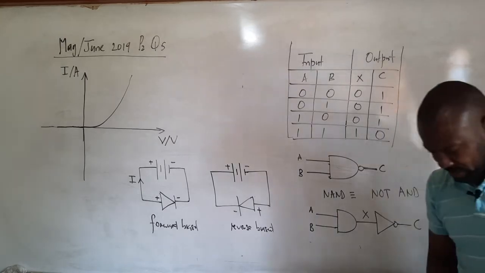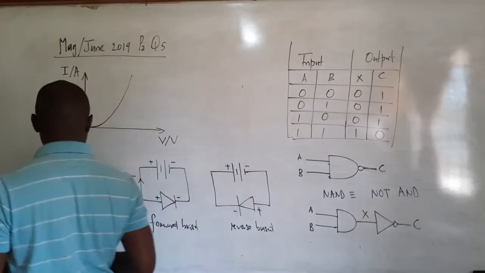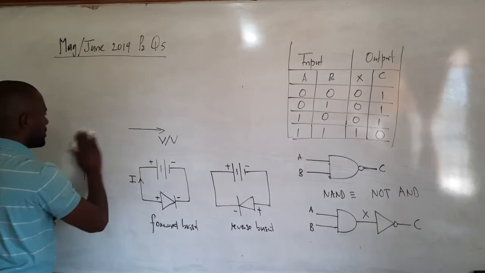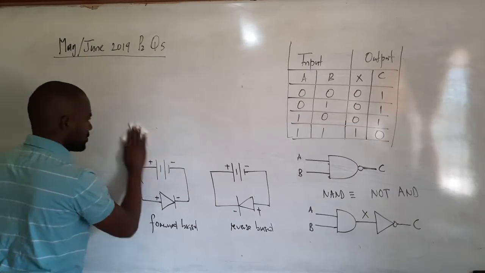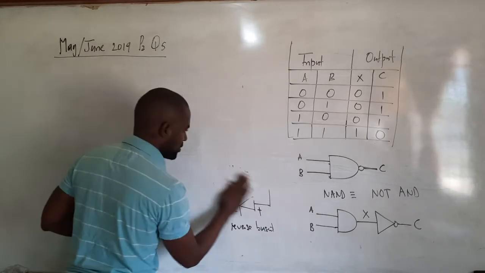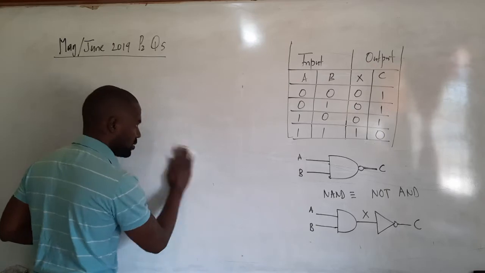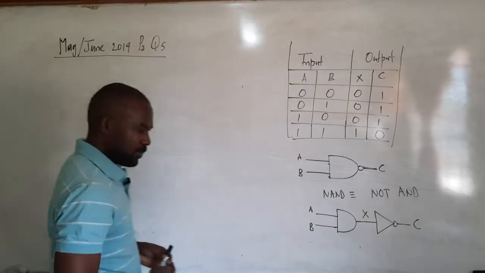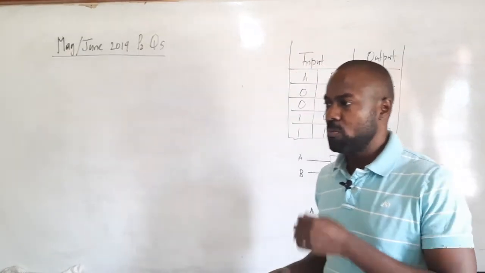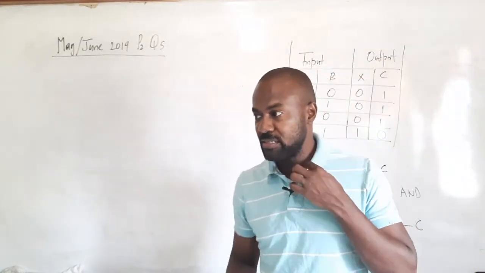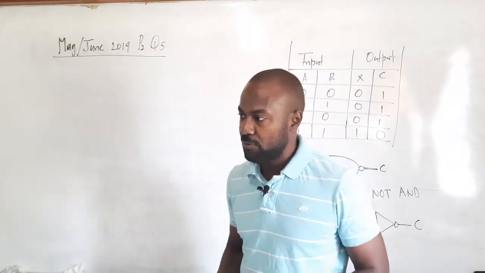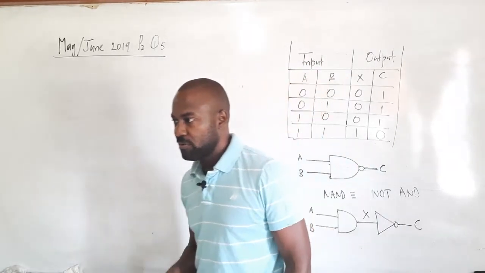So let's make some space. All right, so part C of the question shows us three resistors of values 2 ohms, 5 ohms, and 10 ohms which are connected in series. And we're told to calculate the equivalent resistance of the resistors shown in figure 5 above.